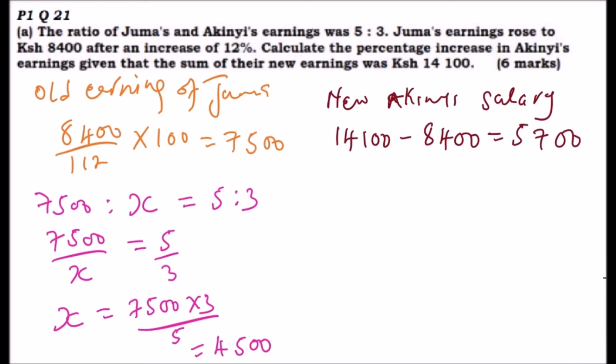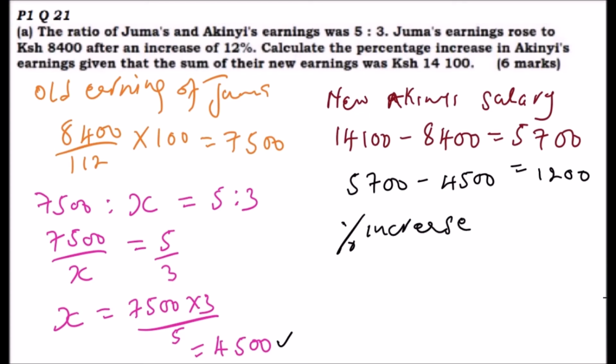So the increase is, since she was earning 4,500, you minus 4,500 from 5,700, so you find the increase is actually, using your calculator, 1,200. So we can say the percentage increase is equal to the increase divided by the old salary, which is 4,500.